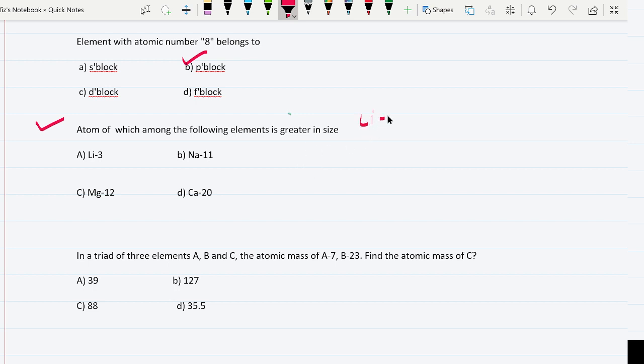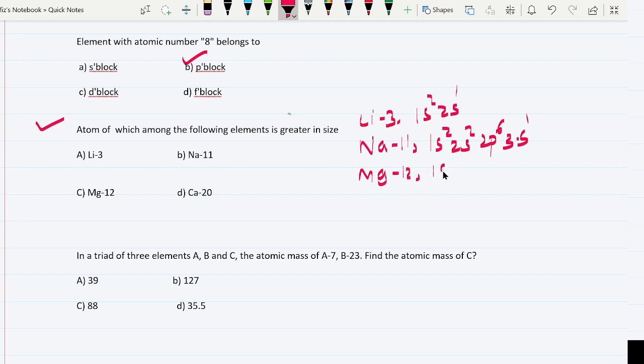So still we write the electronic configuration first, that is lithium with the electronic configuration of 1s2, 2s1. Sodium with atomic number 11 has a configuration of 1s2, 2s2, 2p6, 3s1. Now magnesium with atomic number 12 has a configuration of 1s2, 2s2, 2p6 and 3s2.